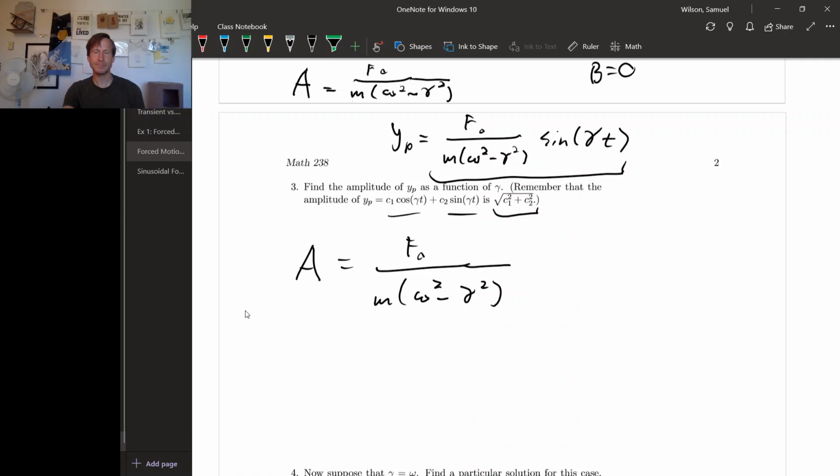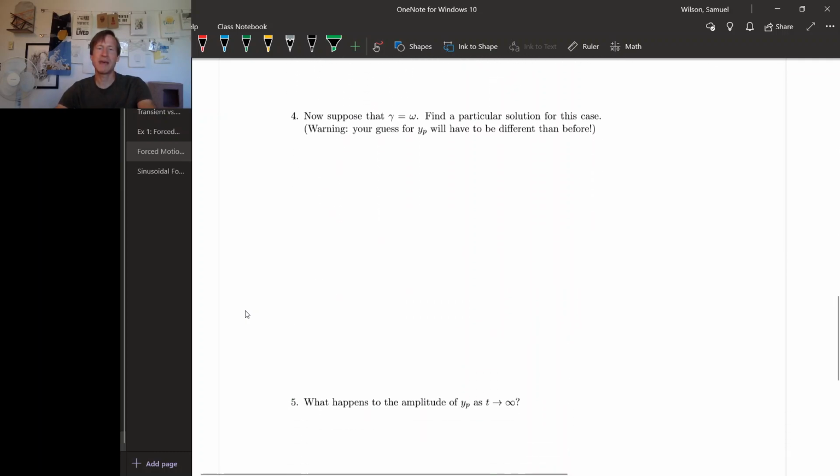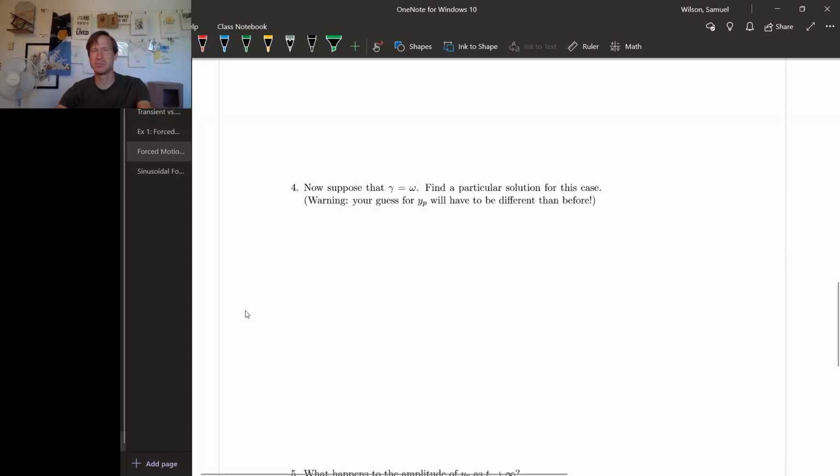All right. Now have a look at number 4. Okay, so for number 4, if you remember back to number 3, or number 2, we assumed that the frequency of the forcing, that is gamma, was not the same as the natural frequency or angular frequency of the system, which was omega.